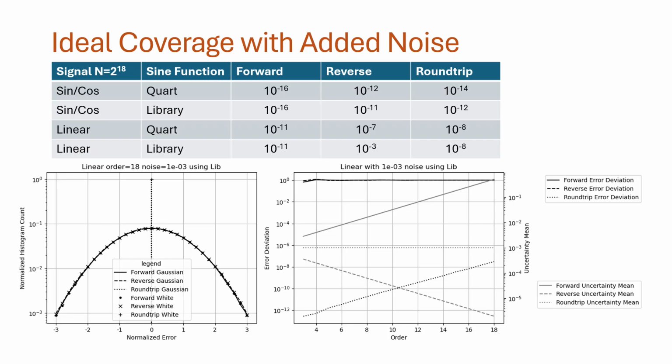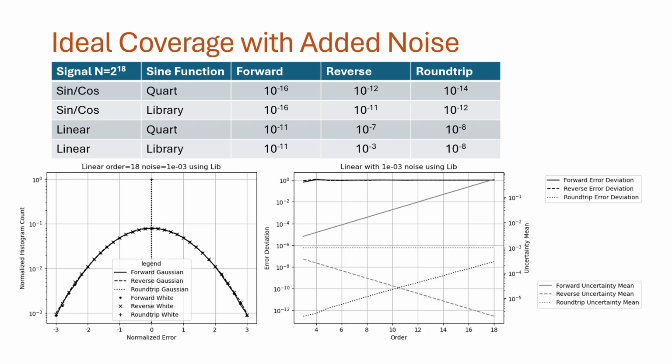And we can also look at the uncertainty, right? For forward, it grows exponentially with FT order. That is understandable because for each addition of FT order, you basically add one more step of addition of two multiples, right? So the amount of calculation goes exponentially with the FT order.